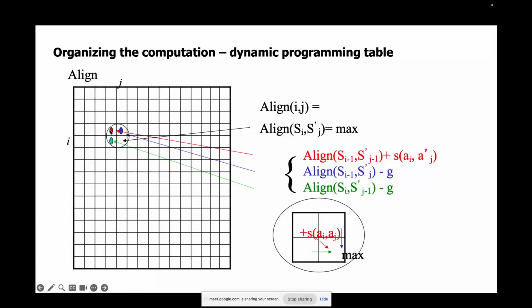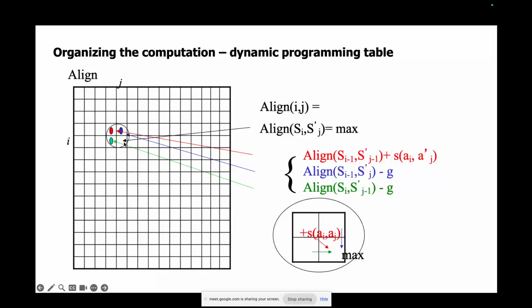So for any i and j in the matrix, you take the i minus 1, j minus 1 score here, and then you add the substitution score. So from here you are trying to move here, right? The red one represents the first score, so you have the alignment score over here, and then you add another substitution score for that particular base change, right? So that would be the first option.